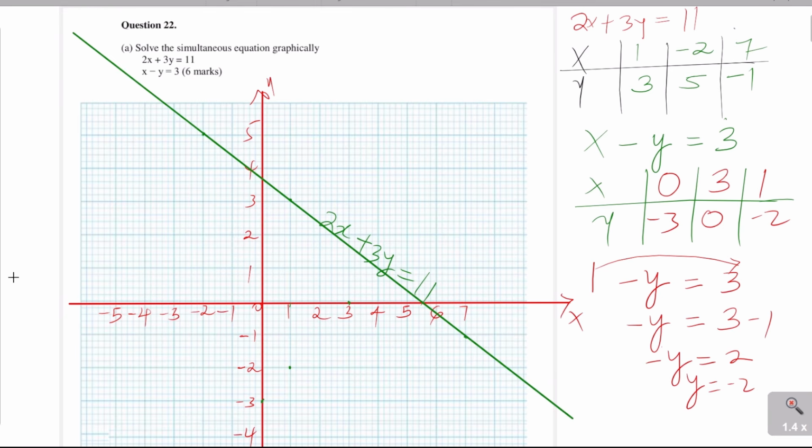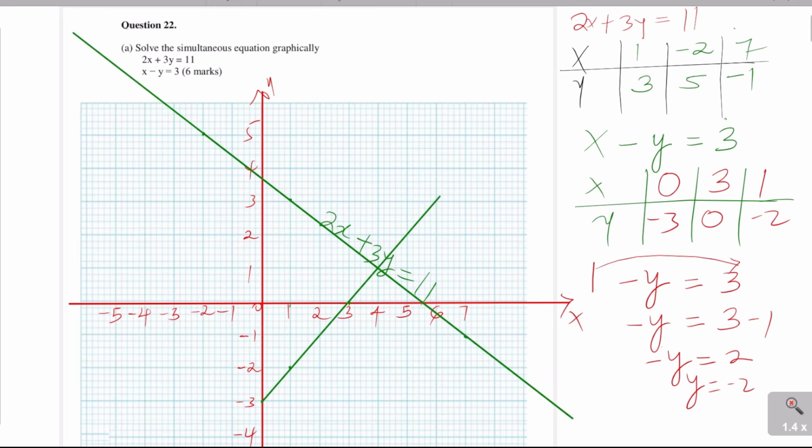Join them using a straight line, like that. You're interested in the point of intersection of the two. When you look at the points, it is passing through those points.